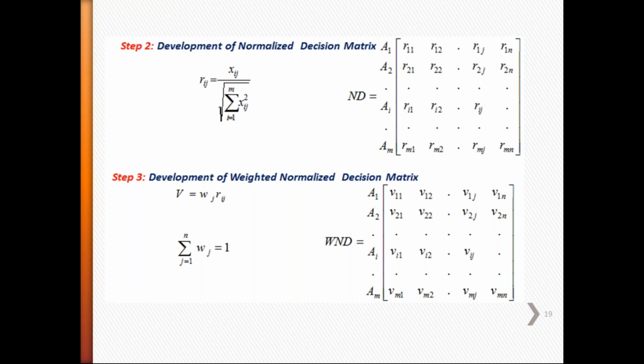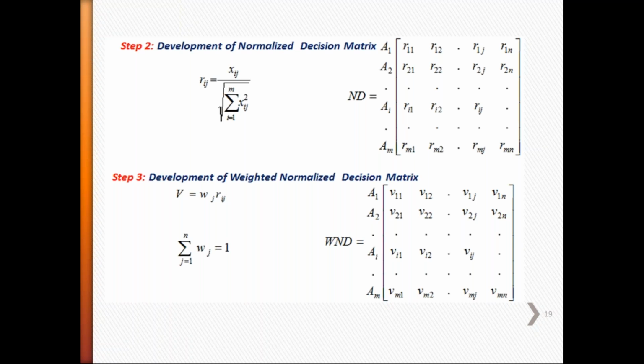Forget about other criteria. Let us consider the decision making problem considering two criteria C1, C2. First column and second column. The first column represents the C1 value for different alternatives, V11, V21, Vi1, Vm1, and the second column represents, corresponding to C2, that is criteria 2, the weighted normalized value for different alternatives, that is V12, V22, Vi2 up to Vm2.